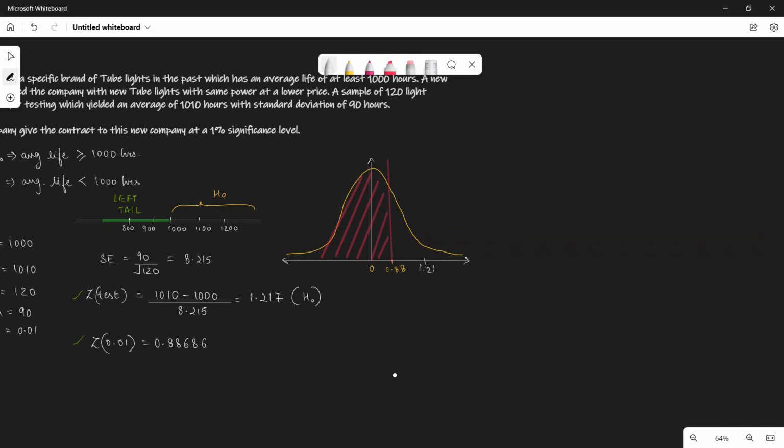So the inference which we make is that the company which we have is not making false promises. It's authentic.